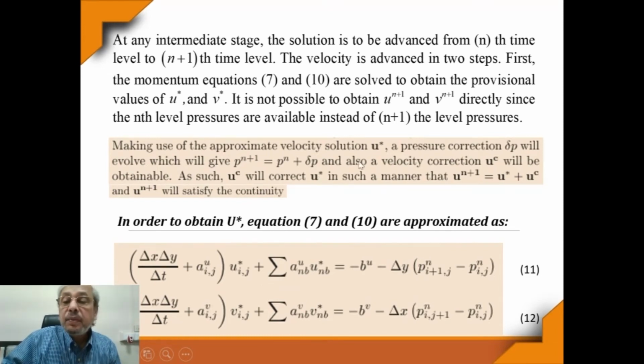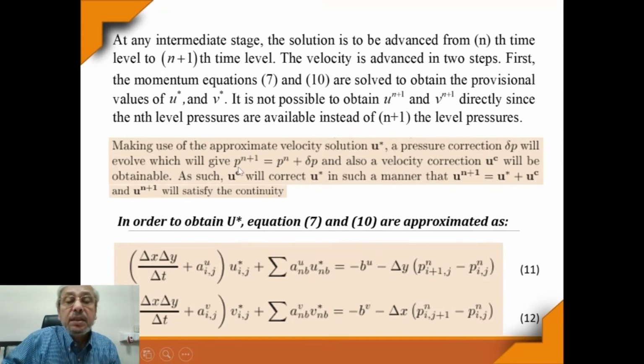As such, what we are writing is a pressure correction delta P will evolve, which will give Pn plus 1 equal to Pn plus delta P, and also a velocity correction UC, which will be obtainable.